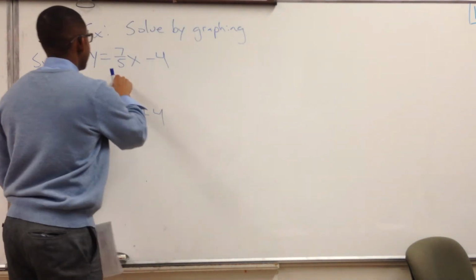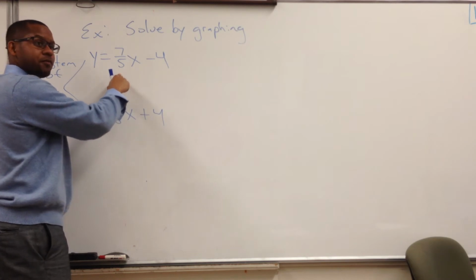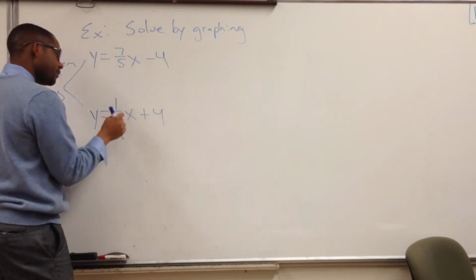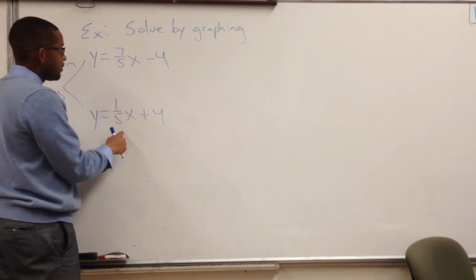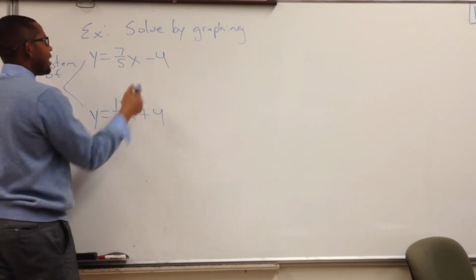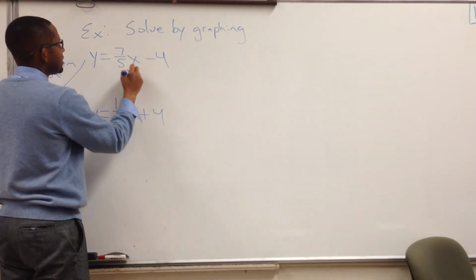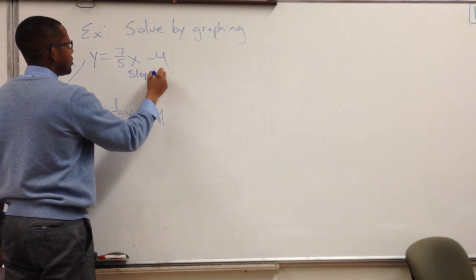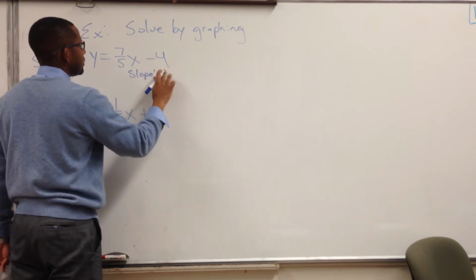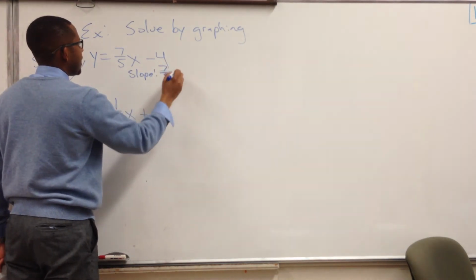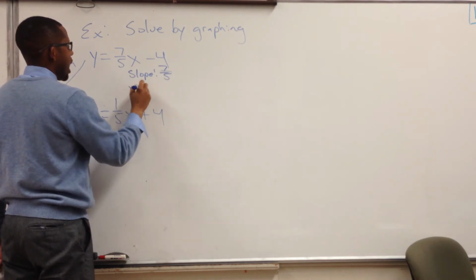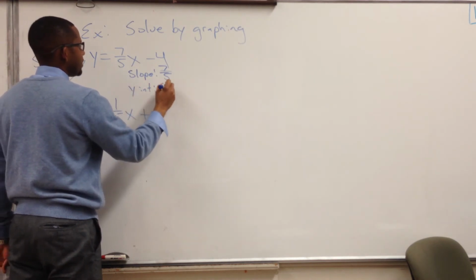So, this is already in y equals mx plus b form, so I don't need to change it. This is in y equals mx plus b form, so I don't need to change it. Now I just need to talk about my important pieces. I know my slope here is 7 over 5. And my y-intercept of this one is -4.